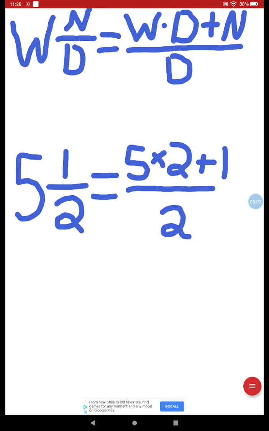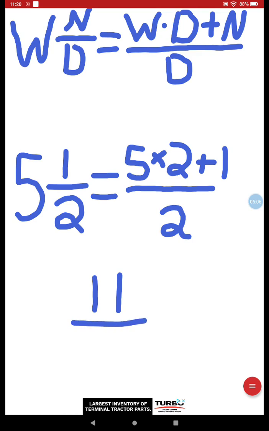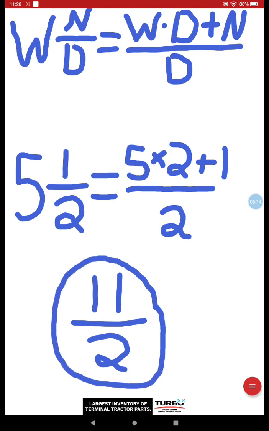It's 11. So it now becomes 11 over 2. We call it an improper fraction because this top number, my numerator, is way bigger than my denominator, which makes it improper. But if I was baking and the recipe called for 5½ cups of flour, I could use just my ½ cup scoop and scoop it 11 times.